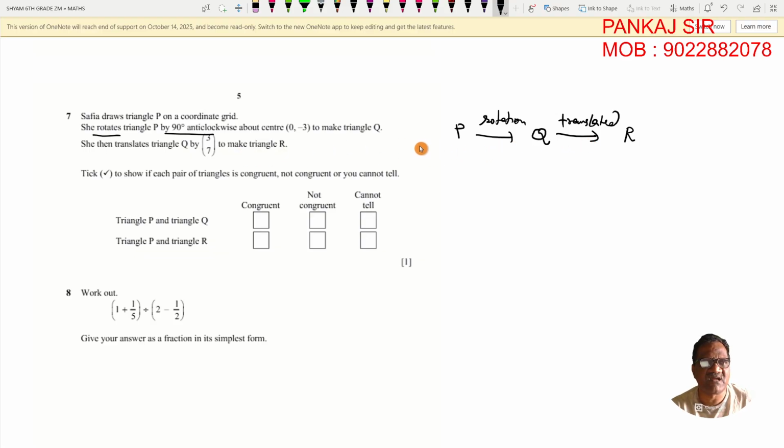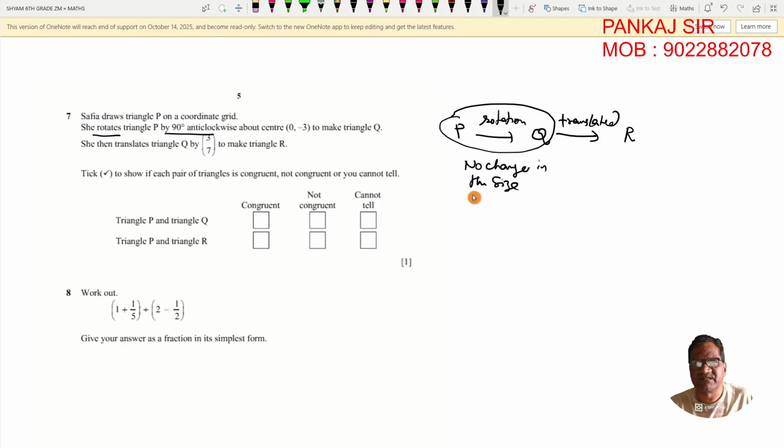Now the question asked is tick to show each pair of triangles is congruent, not congruent, or you cannot tell. So each pair means first we'll take this pair P and Q. Now we'll have to check whether it is congruent, not congruent, or cannot tell. Now we know that when the transformation is rotation, there's no change in the size.